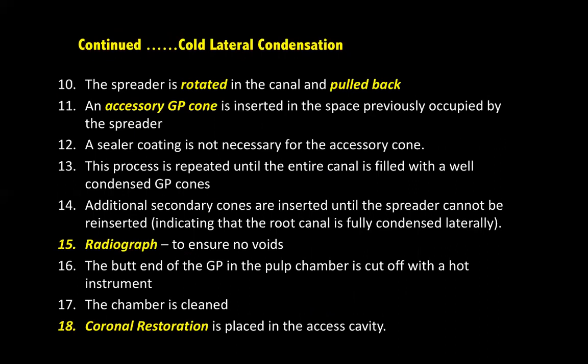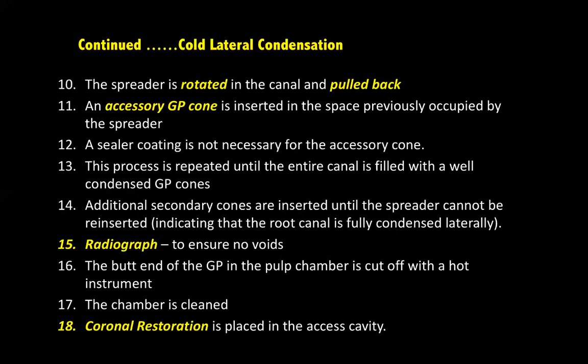Then an accessory gutta-percha cone, which is smaller, like 20-25, is inserted into the canal, and we do not need to put sealer on these accessory gutta-percha cones or insert more sealer.